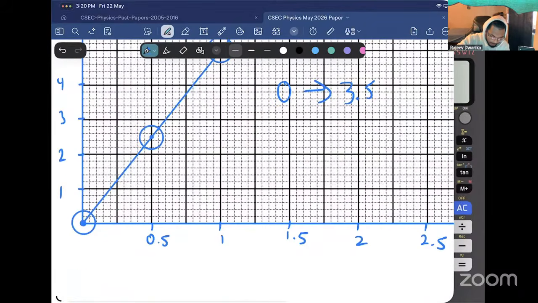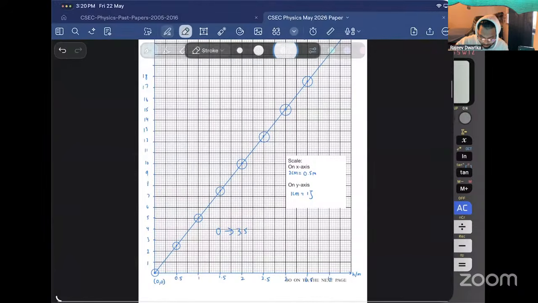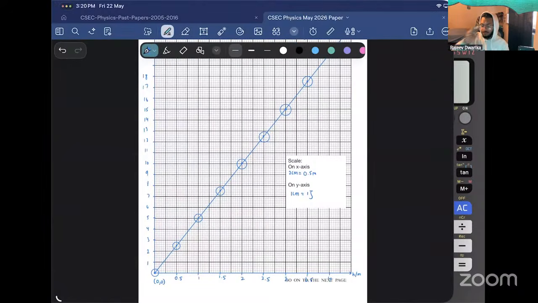So I could use 0, 0. And which other points could I use? Pick any other point. But what I'm saying is, if you do a best fit graph, you cannot pick points that were given. The only reason I'm picking these points is because they didn't mention anything about best fit, and you're clearly seeing the line passing through all the points, so it's fine.